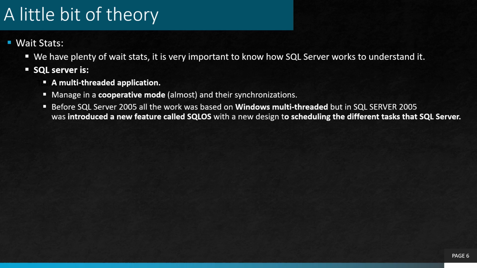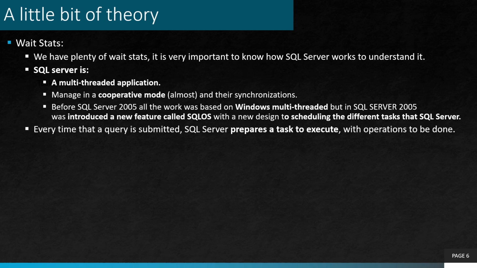Before SQL Server 2005, SQL Server worked with multiple threads on Windows, and after it, we introduced one new element called SQL OS. It's an operating system with a new design to schedule the different processes, the different tasks, in order to run this scheduling process much better.